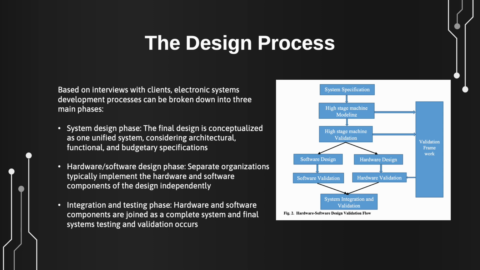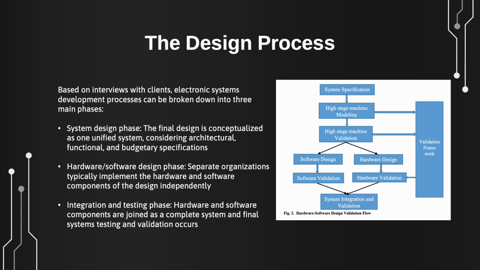Here you can see a generic diagram for a design process. So the author of this paper conducted interviews with clients and was able to break down the electronic systems development process into three main phases, which are the system design phase, where the end goal, the final design, is conceptualized as just one unified system, considers all these different specifications, and then in the hardware software design phase, they will separate the design into the hardware and the software components, and typically separate organizations implement those different components independently.